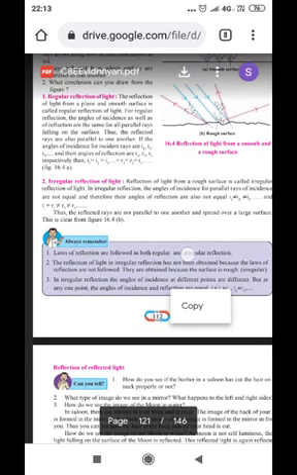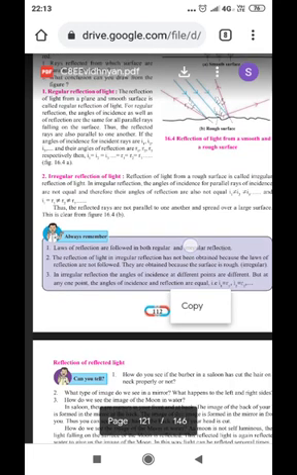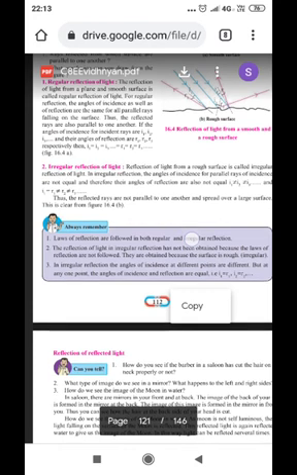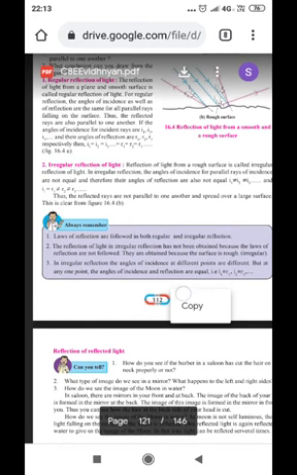Regular reflection of light. The reflection of light from a plane and smooth surface is called regular reflection of light. For regular reflection, the angle of incidence as well as reflection are the same for all parallel rays falling on the surface. Thus, the reflected rays are also parallel to one another.